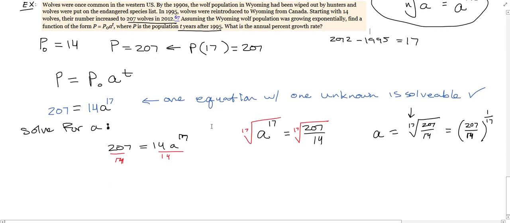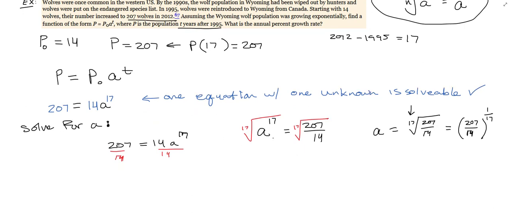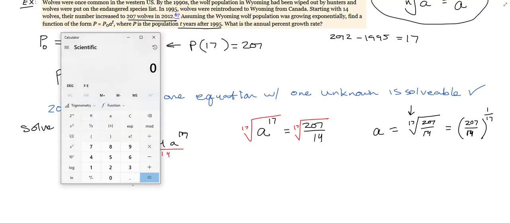So now a is solved for. Let's go ahead and plug it in the calculator to get a decimal approximation for it though. We have 207 divided by 14, raising that to the 1/17th power. That's about 1.172 if we round.